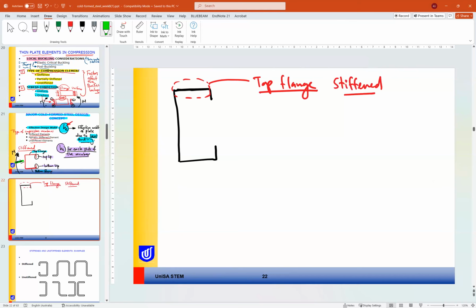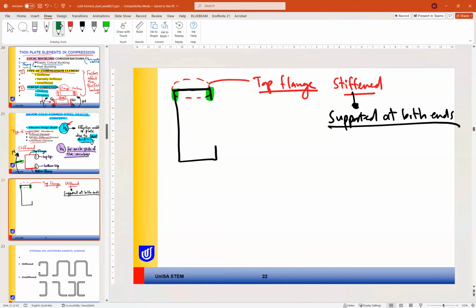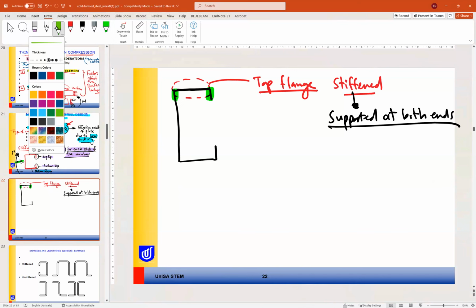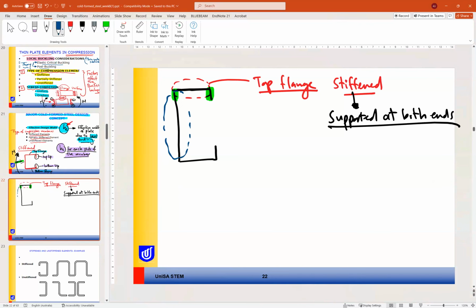Stiffened means it is supported at both ends. So what else is supported at both ends? If we look at the web as well, this web is also stiffened.